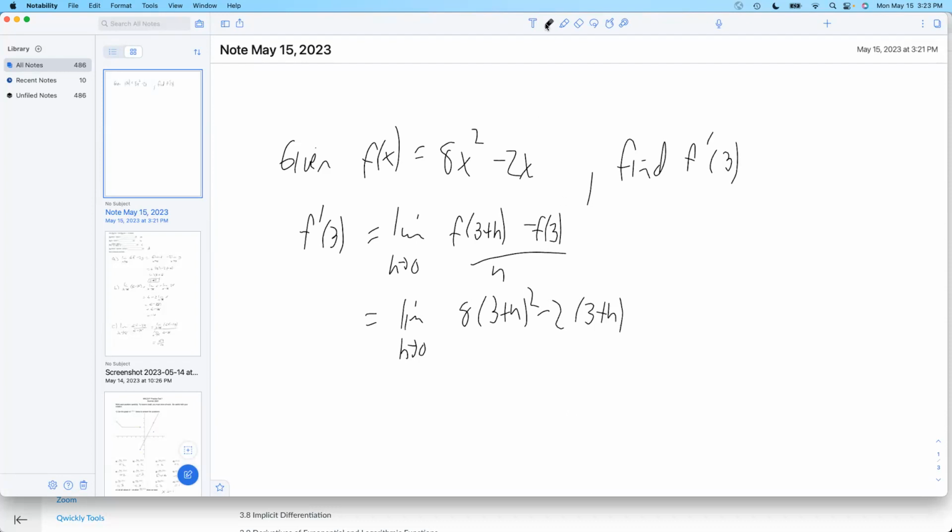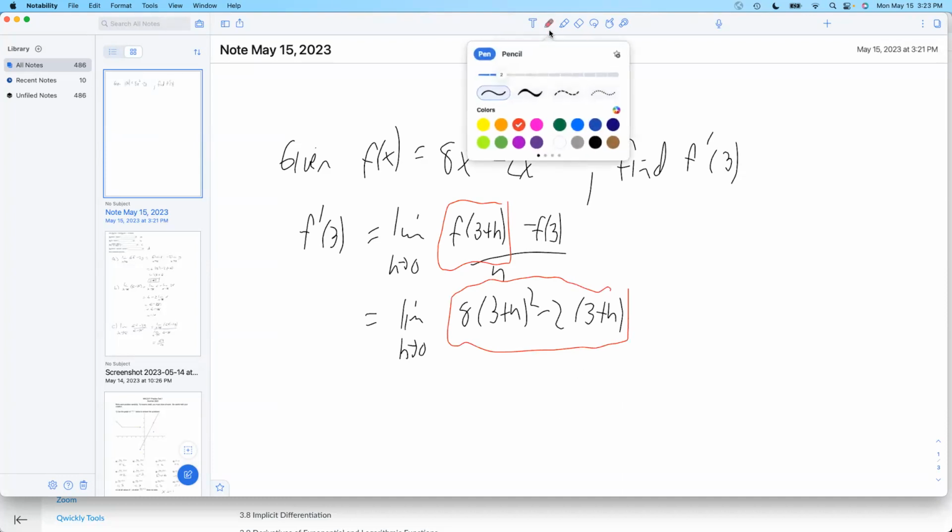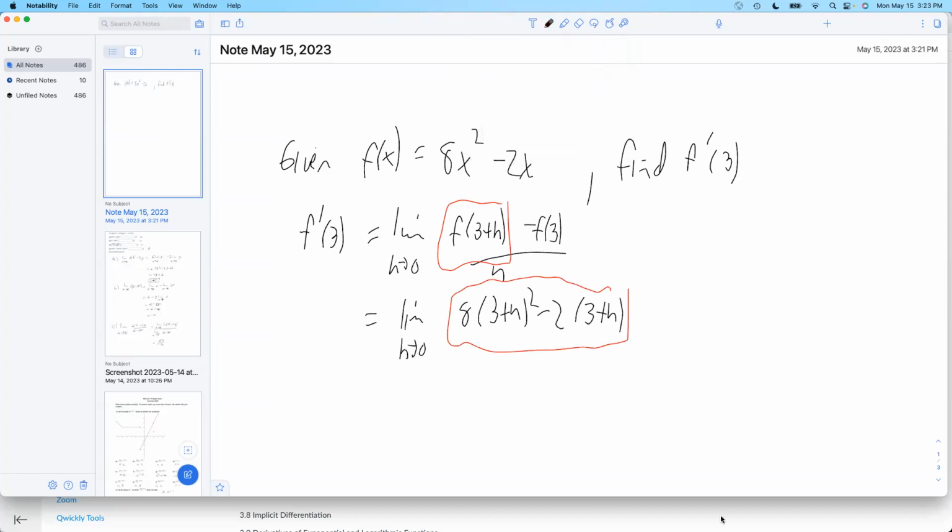What I've got there, this is this. Minus, I'm supposed to subtract from that f of 3. And I need to put this in parentheses. A lot of mistakes happen here. Now replace all the x's with 3 in parentheses.